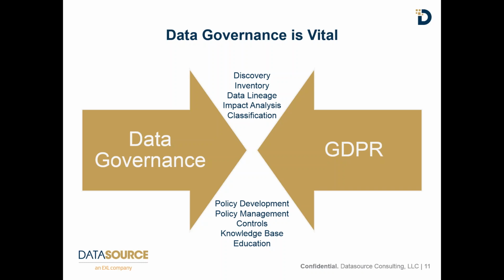This is also a key requirement of data governance and is delivered through things like data lineage and impact analysis. Another piece of GDPR refers to policies, controls, and usage rights. These capabilities can be delivered through data governance policy management, usage matrices, and a collaborative knowledge base, for example.